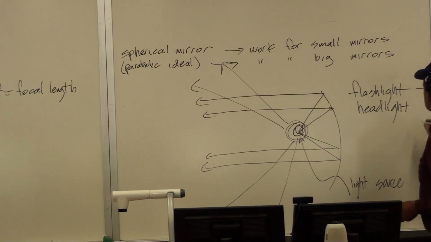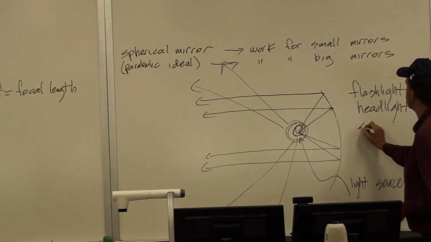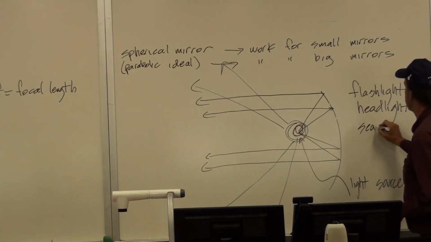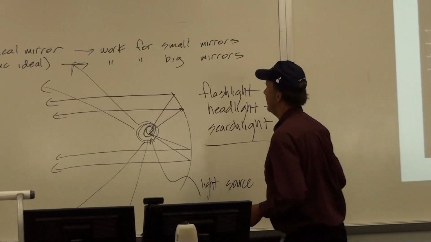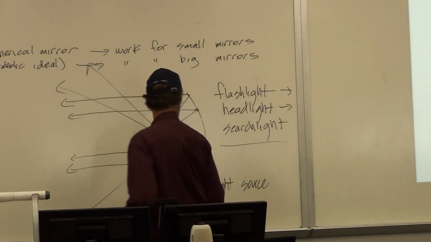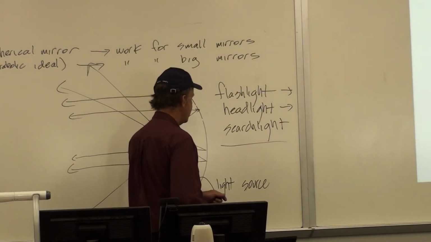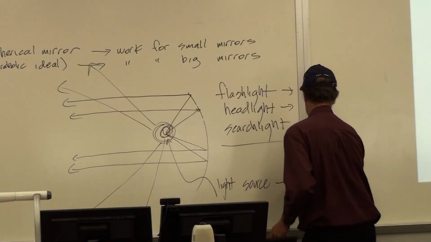Also, if you want to increase the size of the mirror, a searchlight will do the same thing. And so in each of these cases, the light source is placed at the focal point.